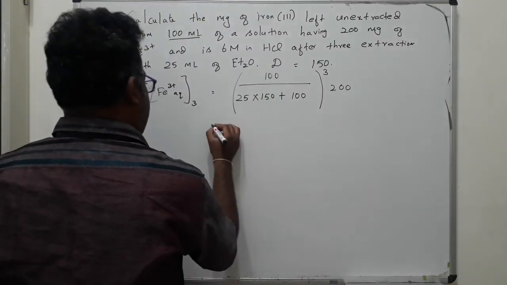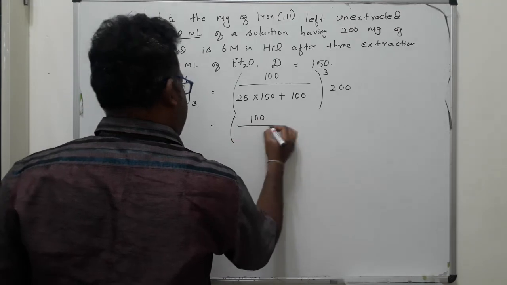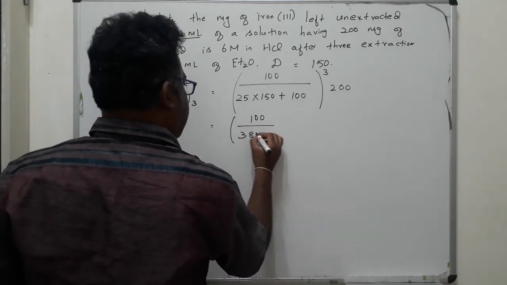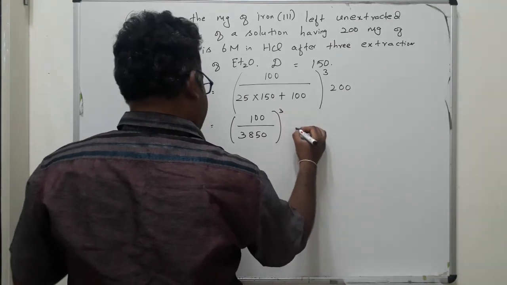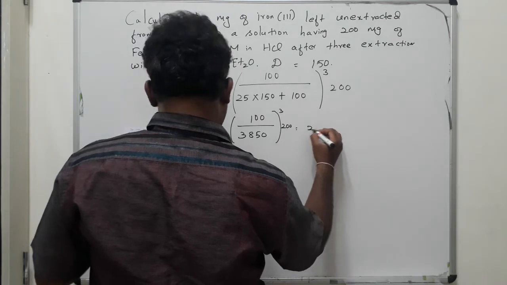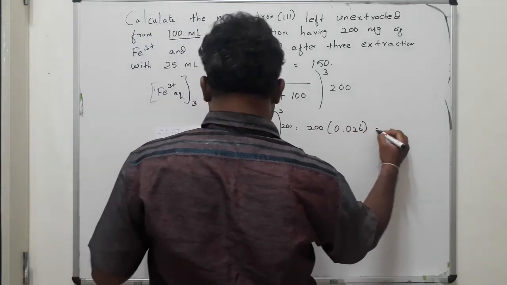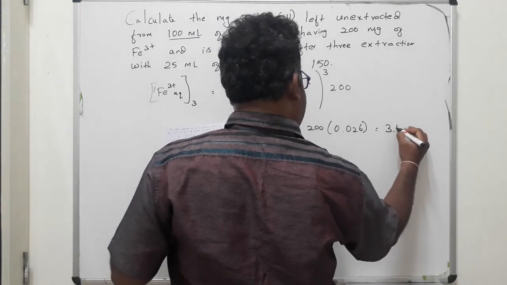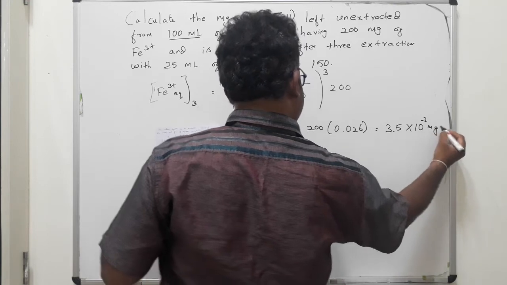So you will get 100 divided by 3850, whole power 3, into 200. So which is equal to 200 into 0.026, which is equal to 3.5 into 10 power minus 3 milligram.